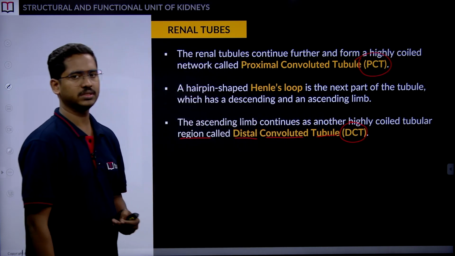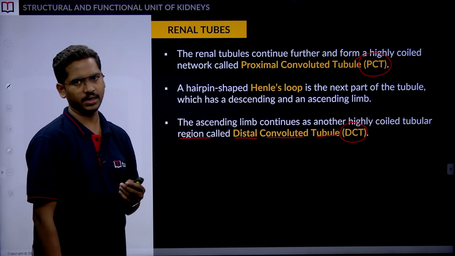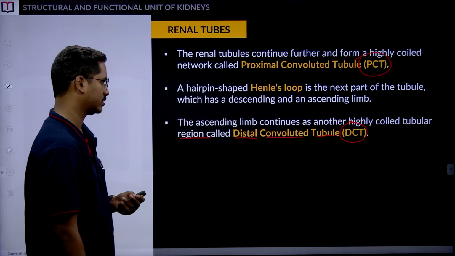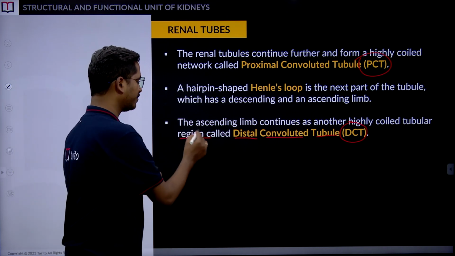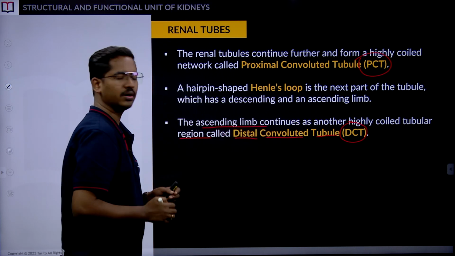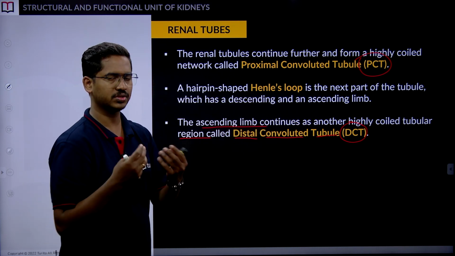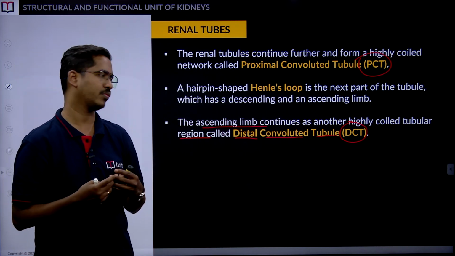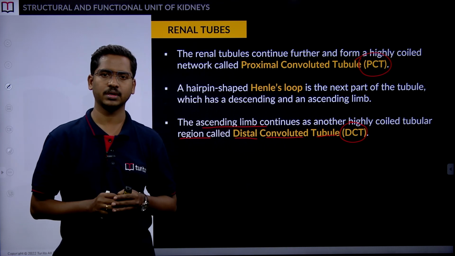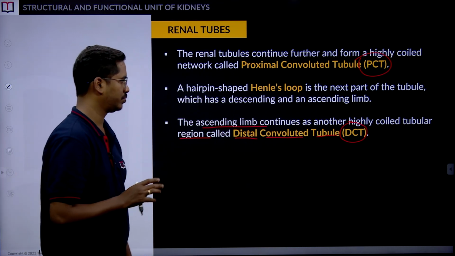So, that is the continuation of the ascending limb of the loop of Henle. We are just trying to understand the structure and its labelings, nothing more than that. Okay. Fine. Hope you understood this.